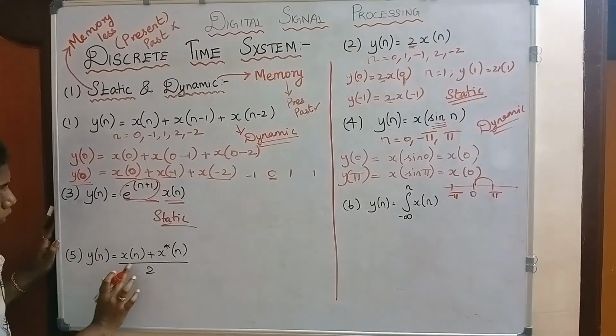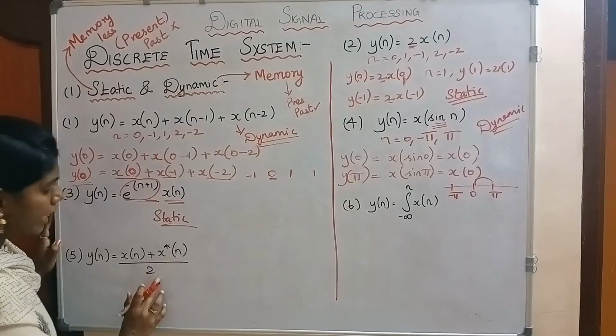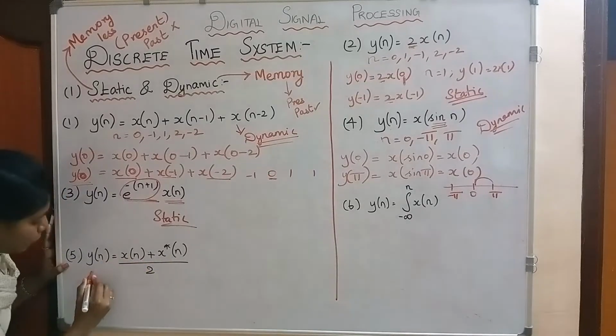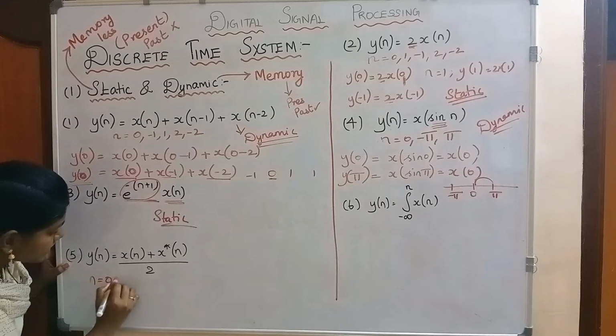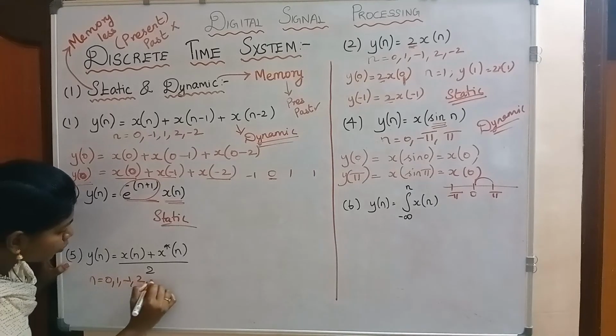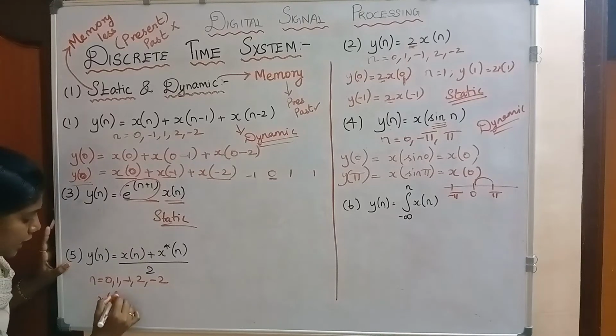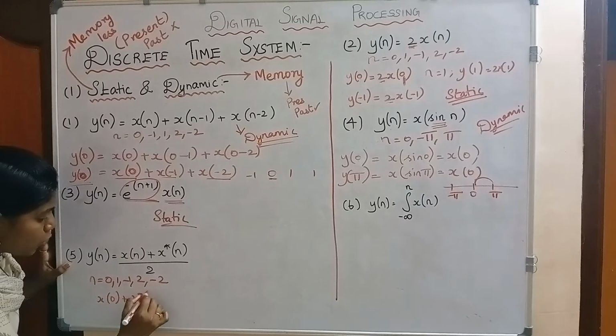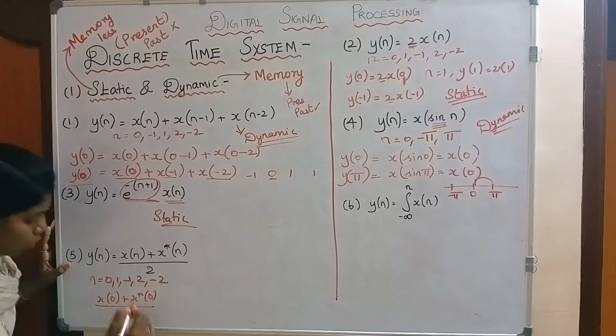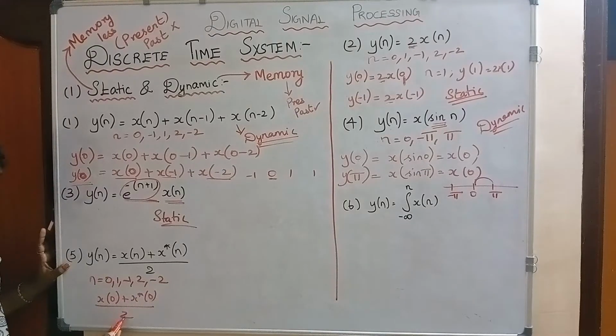y of n equal to x of n plus x star of n by 2. You have to pass values like this, right? 0, 1, minus 1, 2, minus 2. When I pass 0, what do I get? x of 0 plus x star of 0 by 2. See, you need not consider these coefficients, the by 2, or this conjugate sign.